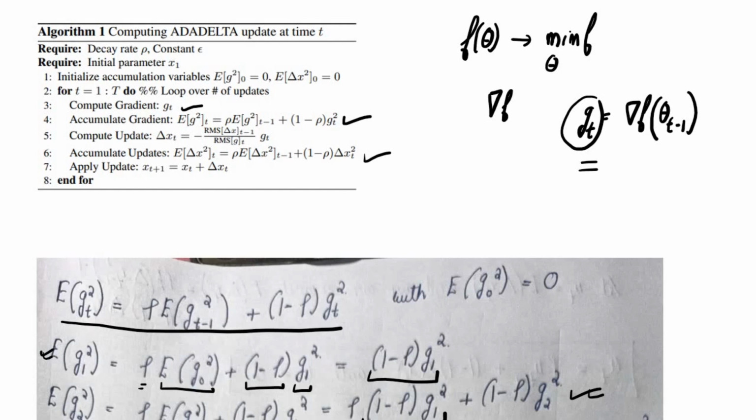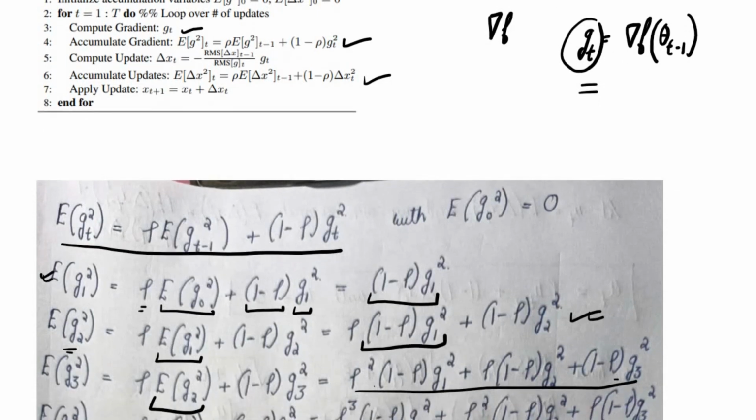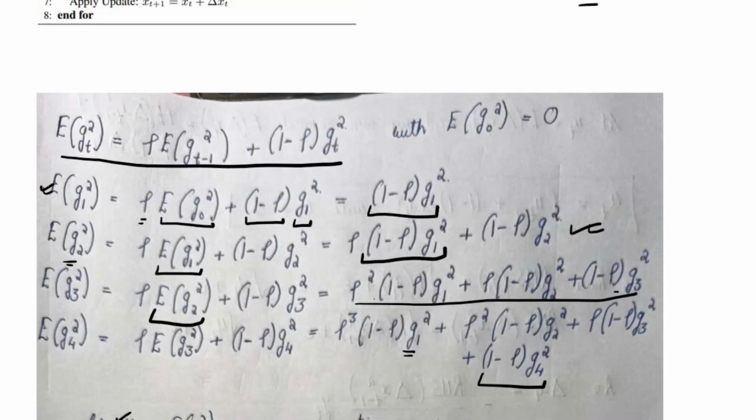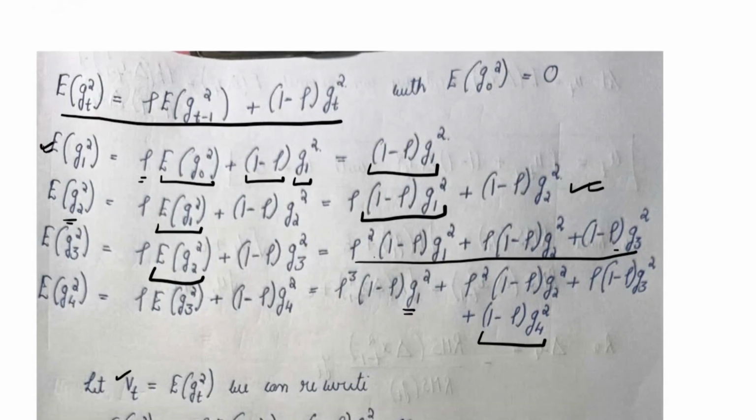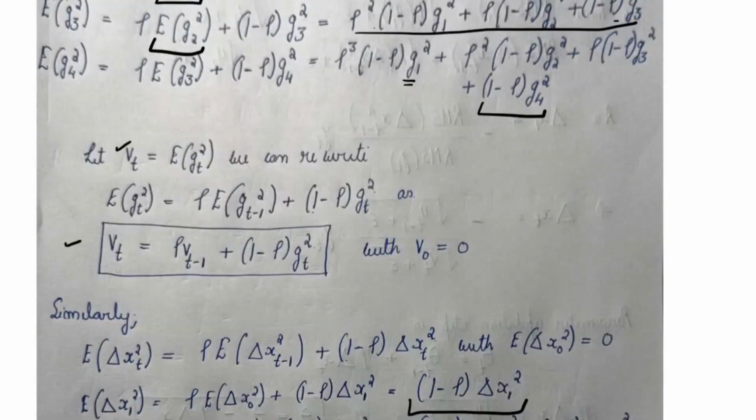While doing so, we were able to understand the concept of weighted expectations, which means giving more weightage to the current values and less weightage to the old values. And over here, the values mean the gradients, which means that we give more preference to the current information and less preference to the older information.